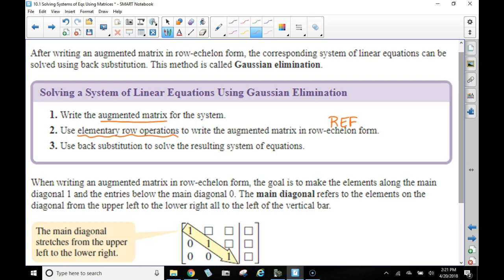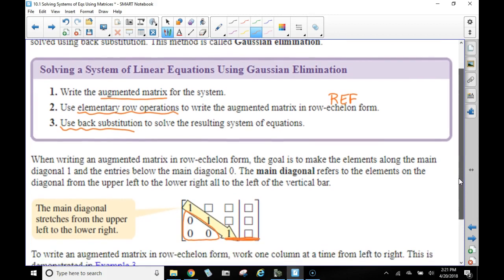Just get those zeros at the bottom, like it shows down here. Then once you have that, you should be able to see what z is going to be, whatever number that is. And then you use back substitution to solve for the rest of them.